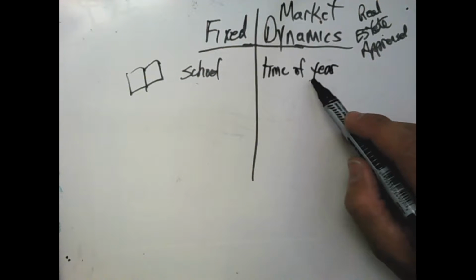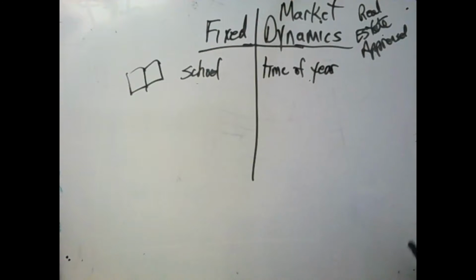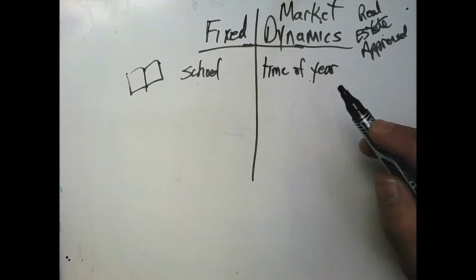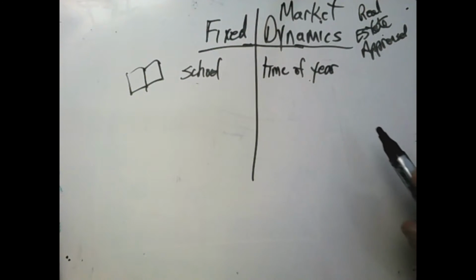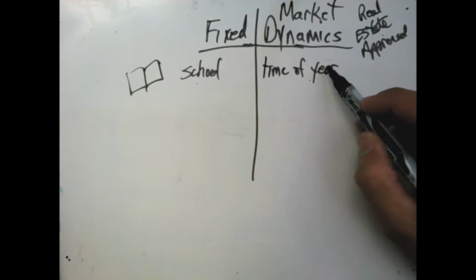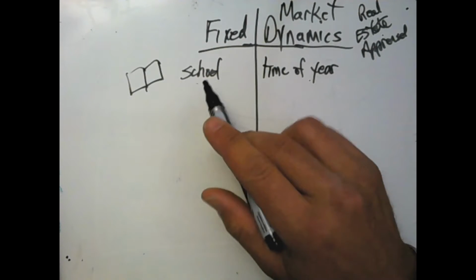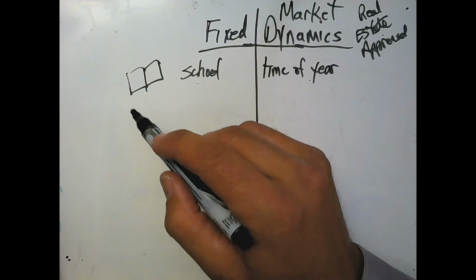If they're shopping in January, they're not going to be as motivated as they would be in July or August, when they're trying to get the family into a house before the school year. So price will go up on a house because of the market dynamics at the time of year, but it's not going to change because of the school district.